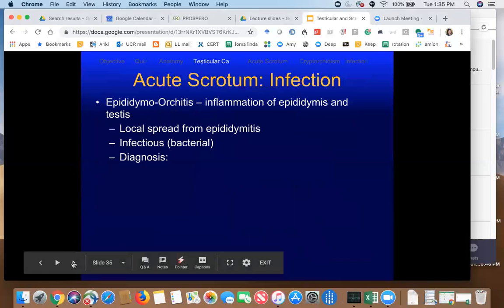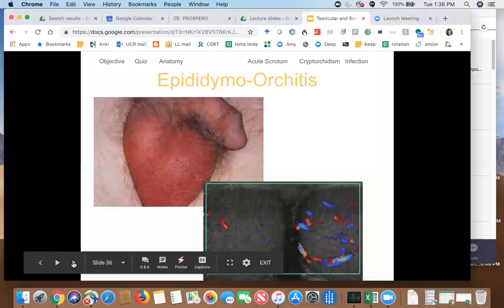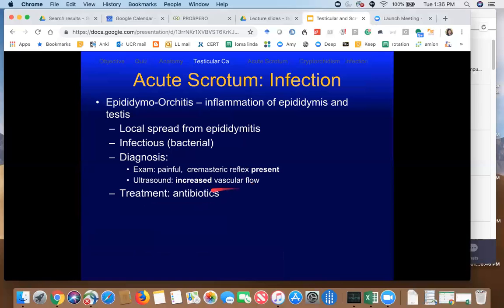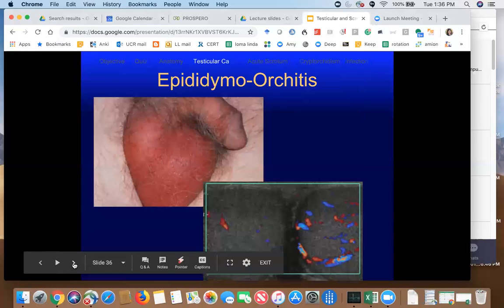So it'll be urinary, with retrograde infection down into the scrotum, rather than direct extension from the skin, for example. Patients present with pain, and all the signs of infection: rubor, dolor, calor. It's incredibly painful, and there's increased vascular flow from hyperemia.